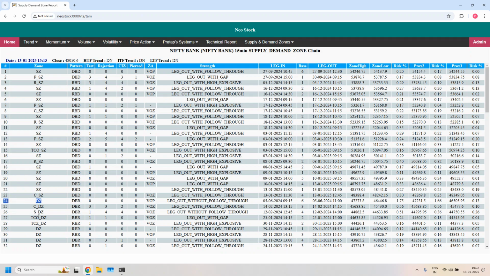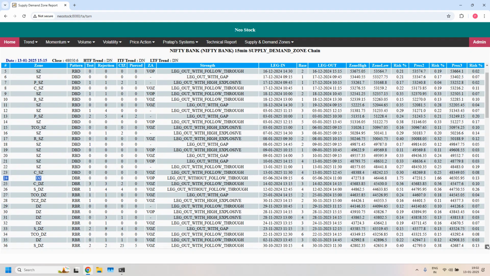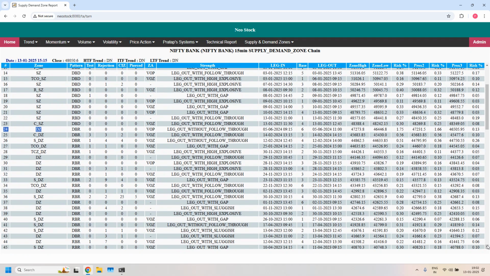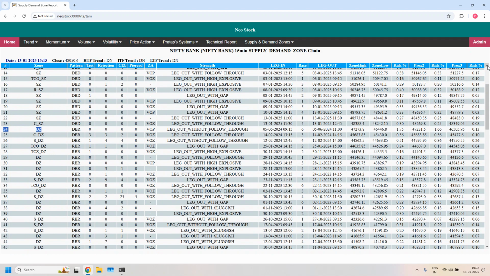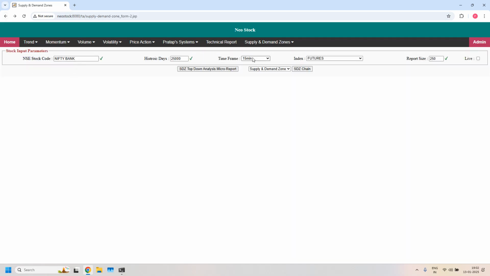So until 24 you have supply zones. 24 onwards we have demand zones. Let me scroll the list further down. So this is the nearest to the current price, this demand zone and this supply zone. Okay, next 5 minutes supply demand zone chain for Bank Nifty.